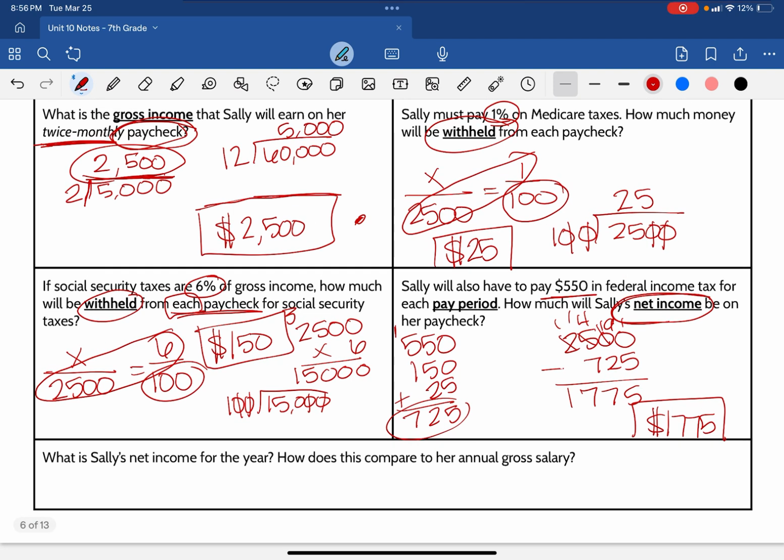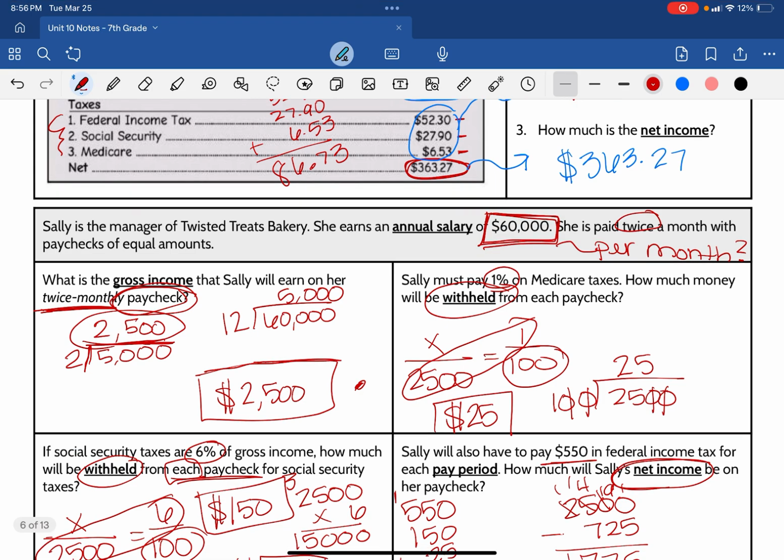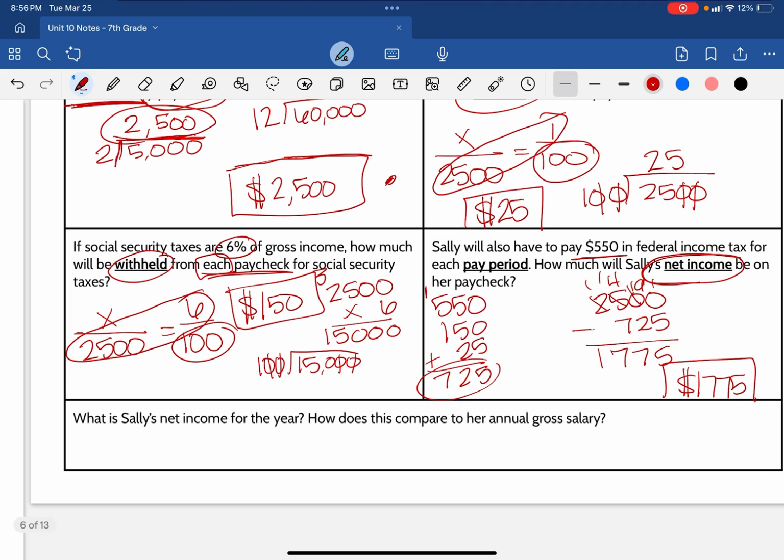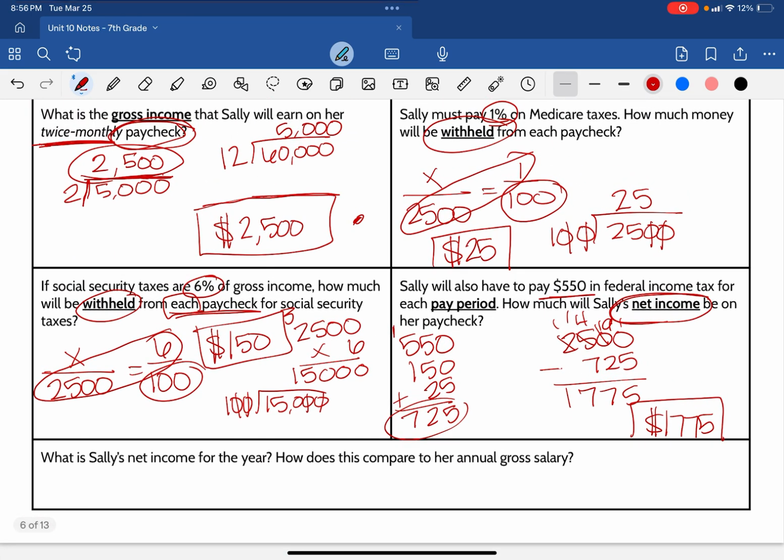What is Sally's net income for the year? How does this compare to her annual gross salary? So her annual gross salary was this, but they want to know what the net income is. Because she's getting paid on a biweekly basis, she's getting this $1,775 right here twice a month.